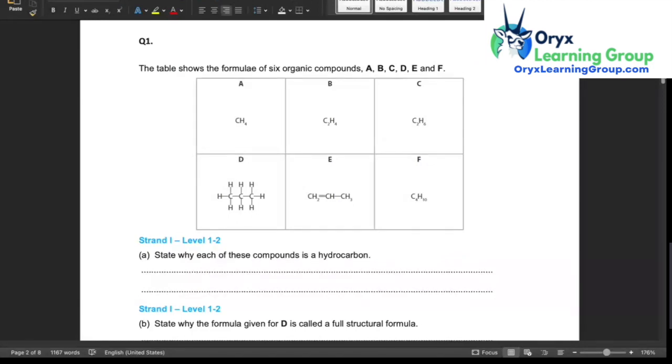Which ones are correct from the table? CH4, C2H6, C3H8, and C4H10. I think that all follows the rules. Yes, correct. That's the right answer. So A, C, D, F.